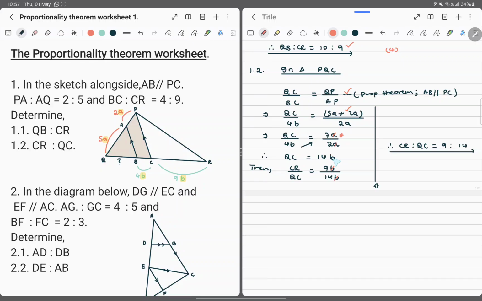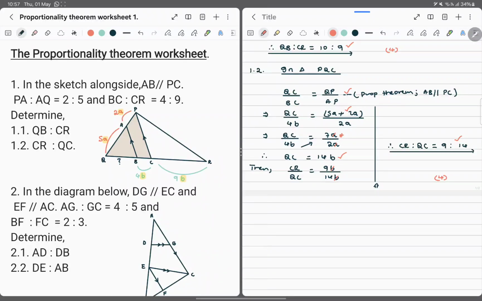And then, of course, getting QC in terms of b, small letter b. That's very important. And eventually presenting the answer as it is required. So this is 4 marks. Of course, I'm being too generous. Markers may not necessarily give the mark for this calculation. It could roughly be just 3 marks.